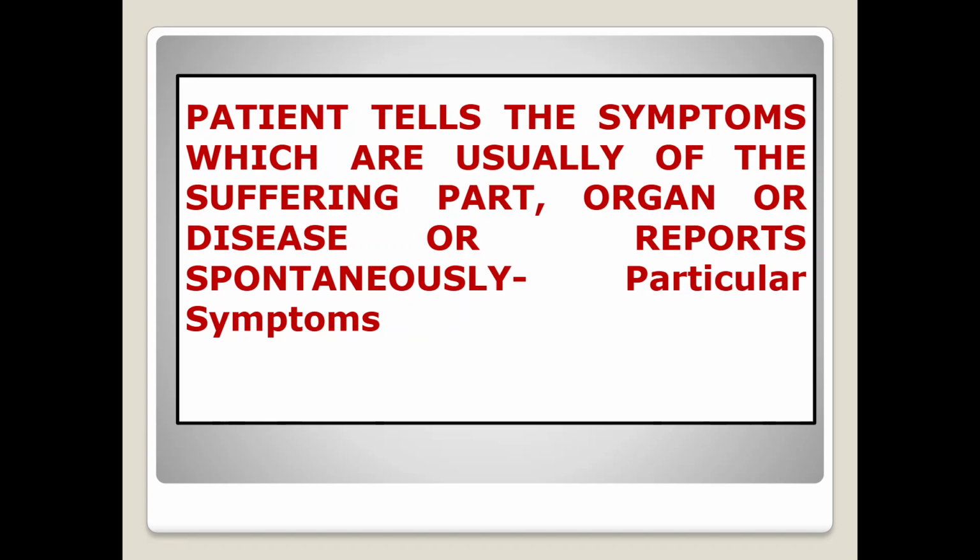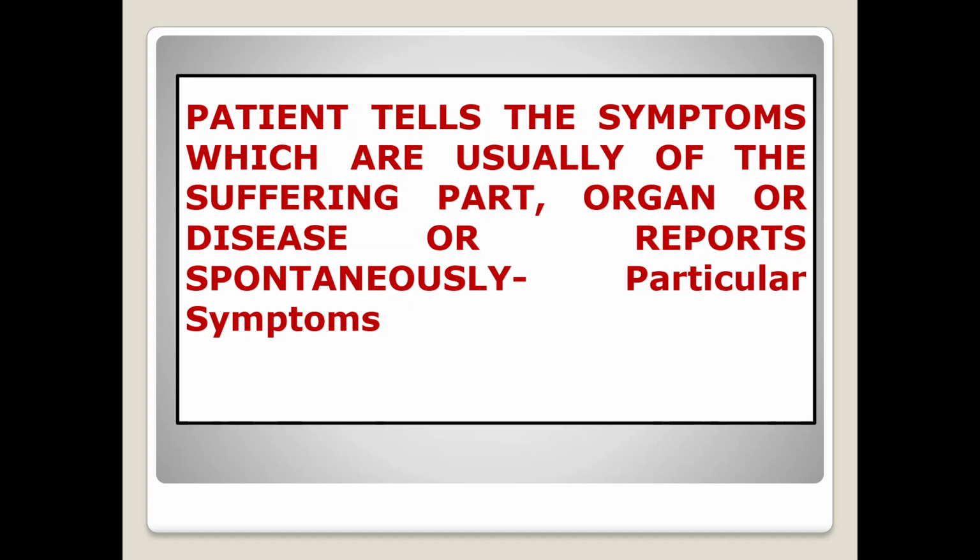So patient tells the symptoms which are of the suffering part, organ or disease. If he says the symptoms of cough, cold, they are of respiratory system. If he tells the symptoms of nausea, vomiting, pain in right hypochondrium, he is suggesting the symptoms of gastrointestinal tract or maybe directly of the liver.